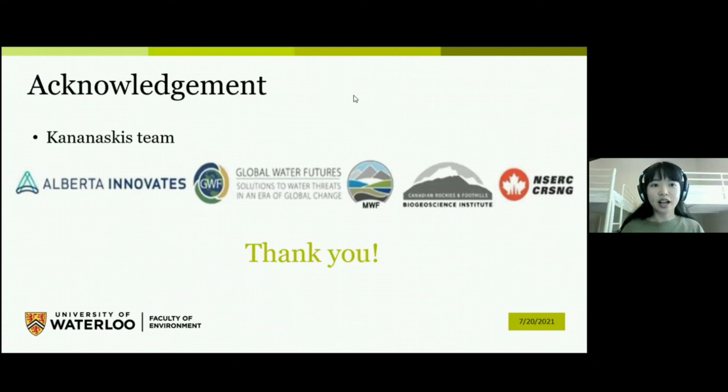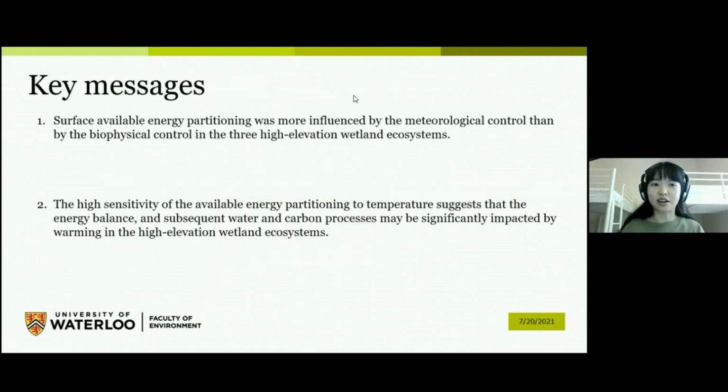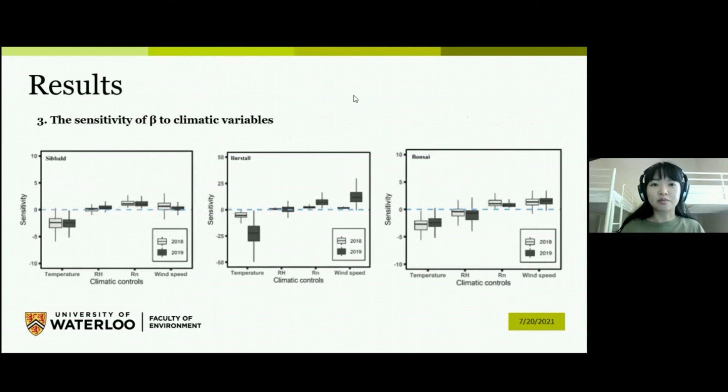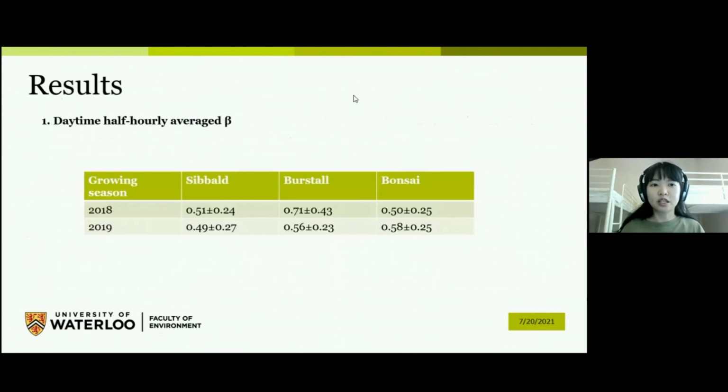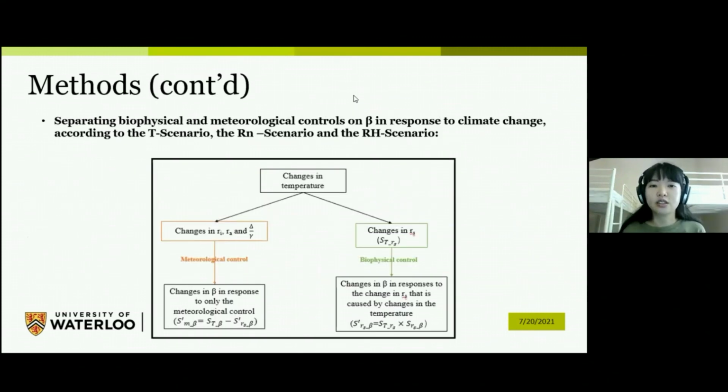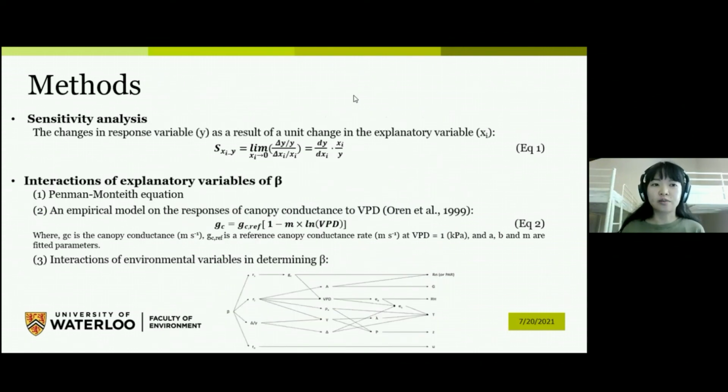I think it's very useful. First of all, it's a mathematically robust analysis, but it's subject to the structure of the model. For example, in our study, we used the Penman-Monteith and the Jarvis canopy conductance model.